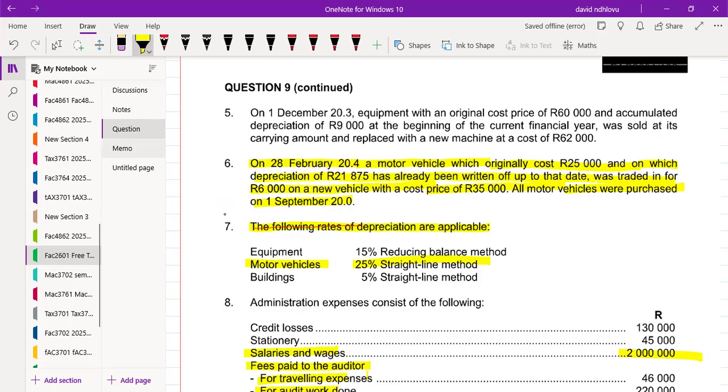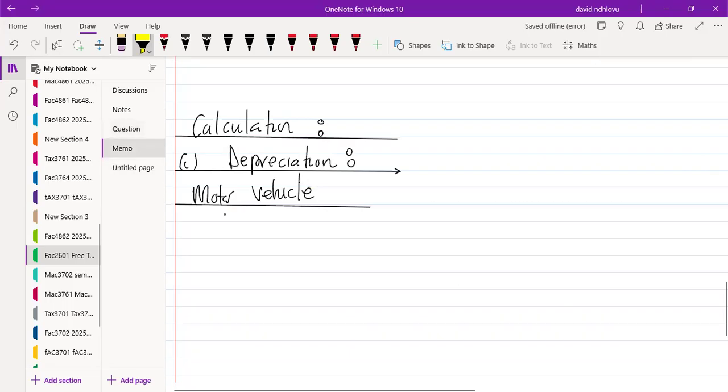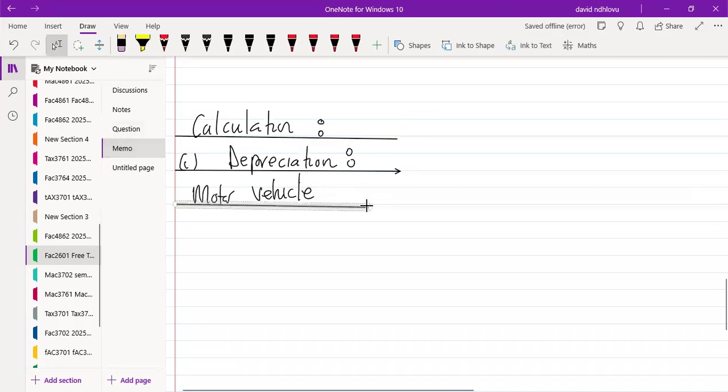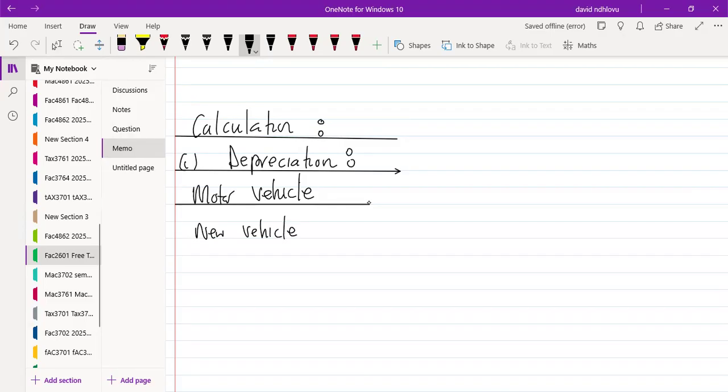Right, so when we calculate depreciation, you need to separate your vehicles. You have the new vehicle, number one, the one that was bought in the current year, so its depreciation must always be done separately.